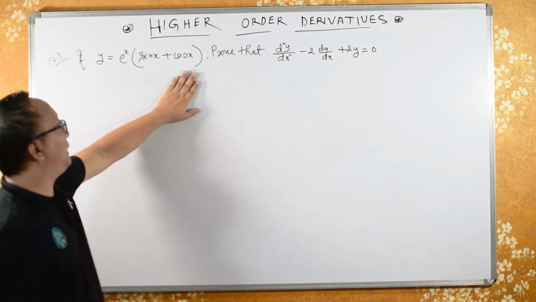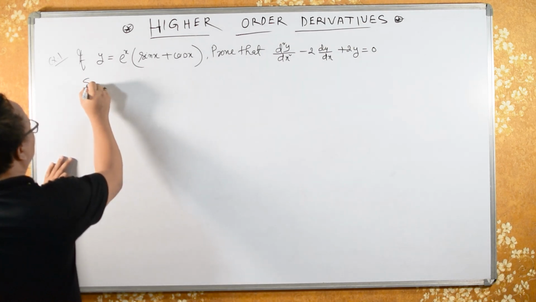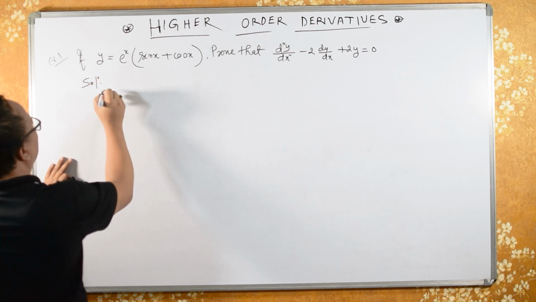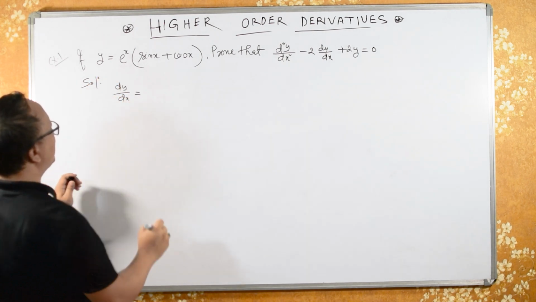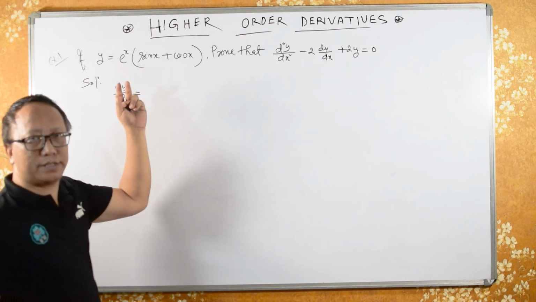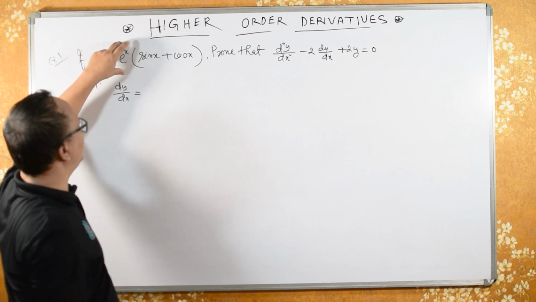Since y is given this, now solution. So dy by dx, differentiating with respect to x, here there are two functions. Now here e raised to x into this, let's consider this is u into v.